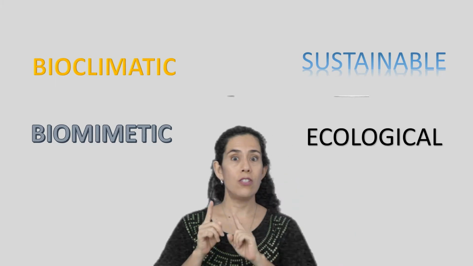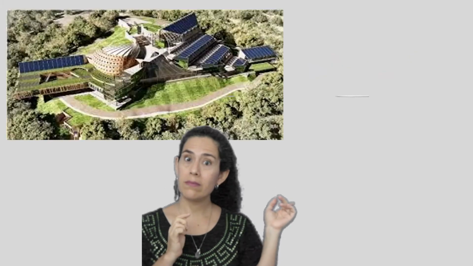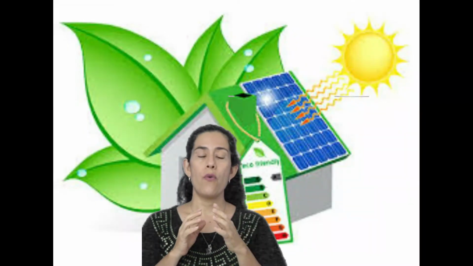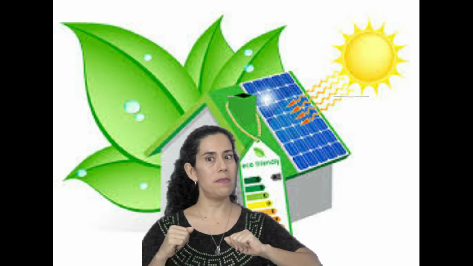We're going to see now two other ones, which are sustainable and ecological, which take into account the technologies that can be put into a building to make it even more nature friendly.